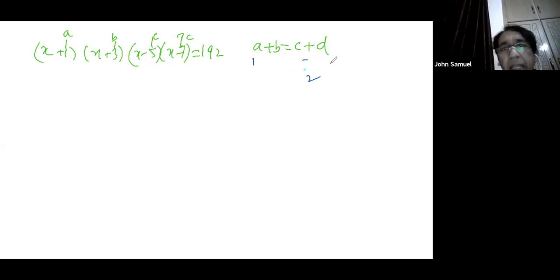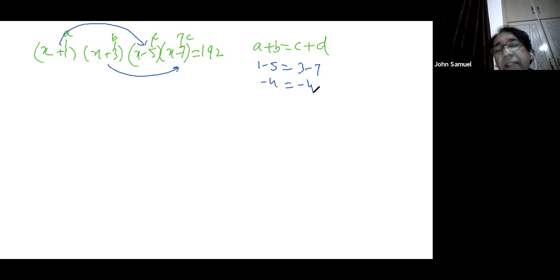Now I will take the other two, the first and the third. 1 minus 5 is minus 4, and 3 minus 7 is minus 4. Since these are equal, I will take these two factors.